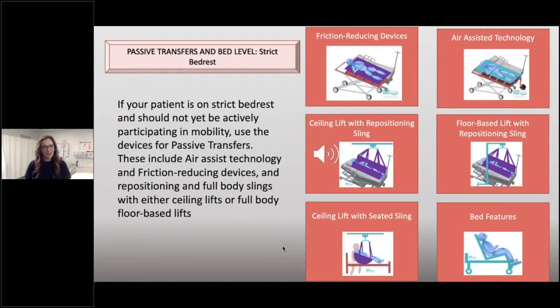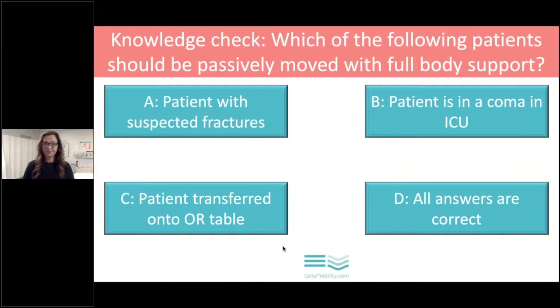A patient on strict bed rest is going to use the same technologies as somebody who's doing a passive transfer. And these include air assist technology, friction reducing devices, ceiling lifts with full body support, such as a repositioning sling or a seated sling, a floor-based lift with full body support, or using the bed features of the bed, such as sitting and tilting. So a quick knowledge check.